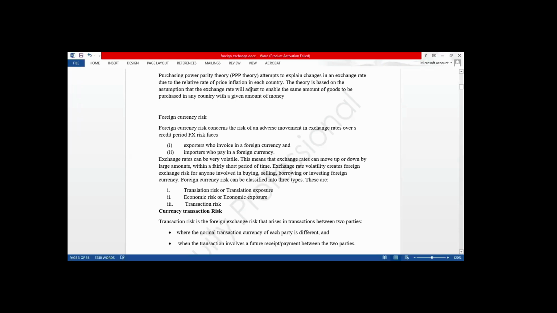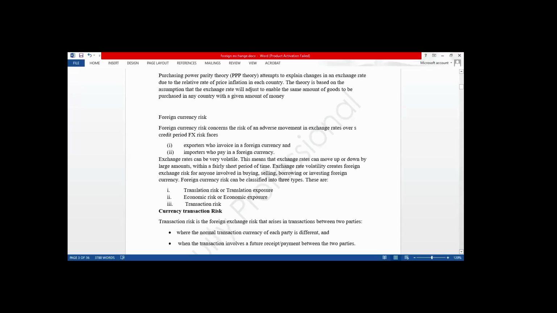I will take that again. Foreign currency risk. This is the risk of adverse movement in exchange rates over a credit period.